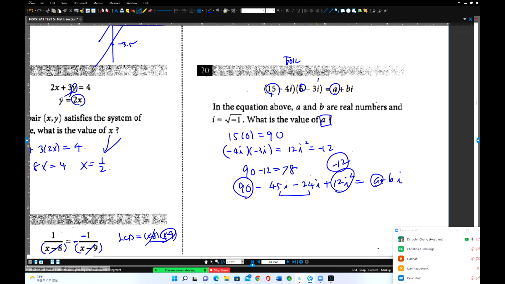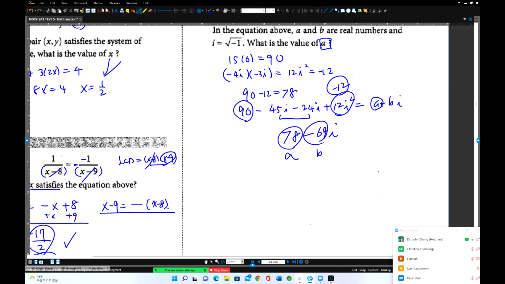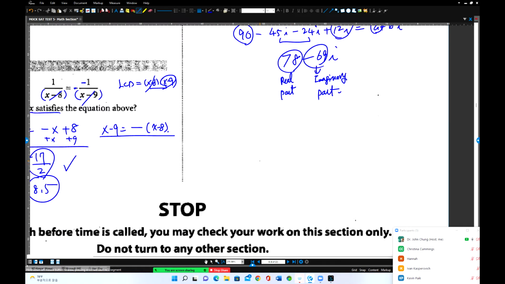So 90 minus 12 is 78, but you can find the imaginary part too, okay? 69, right? This is the real part. This is the imaginary part, okay? That's right. That is number 20.